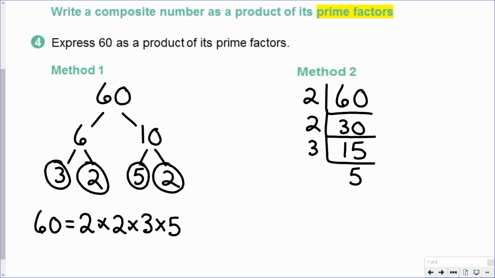So 2, 3, 5, 7, and on up. Do not use composite numbers. So yes, we could divide 60 by 6, but 6 is not a prime number, so we don't want to use that. And just like we got before, if we break that down, it's once again 2 times 2 times 3 times 5.